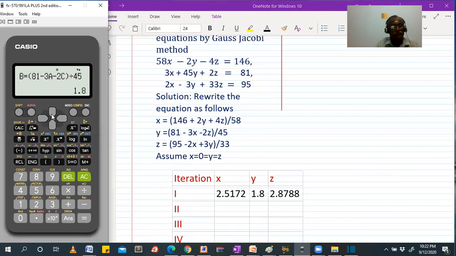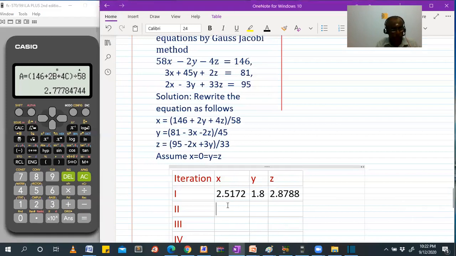Next, again repeat this with the previous set of values. For a, calc b equal to 1.8, c is 2.8788. This will give you 2.7778.